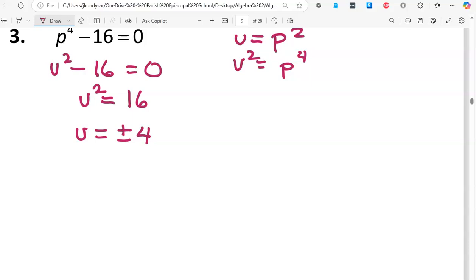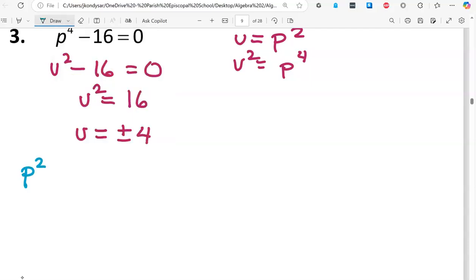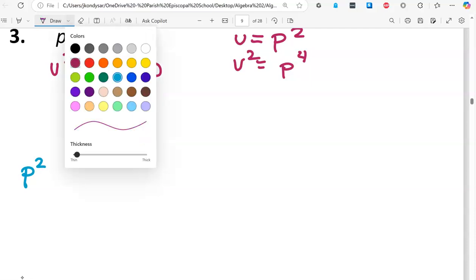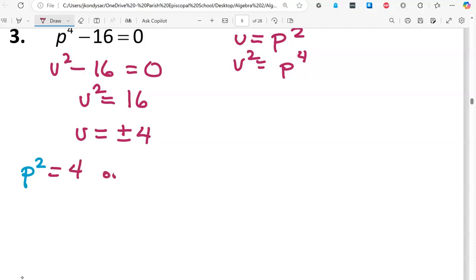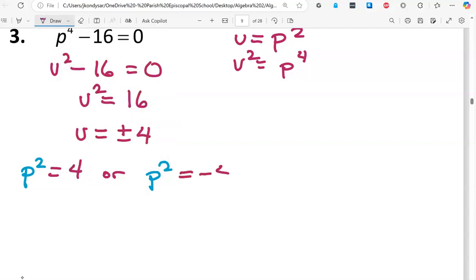So what that means is u, which can be replaced with p squared, is equal to positive 4, or u, which is equal to p squared, is equal to negative 4.